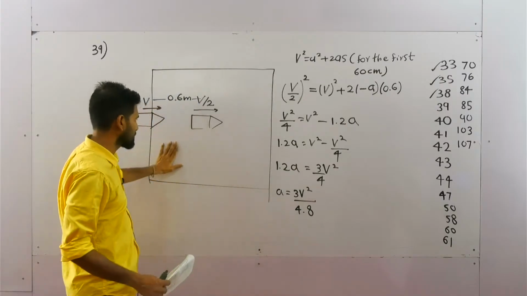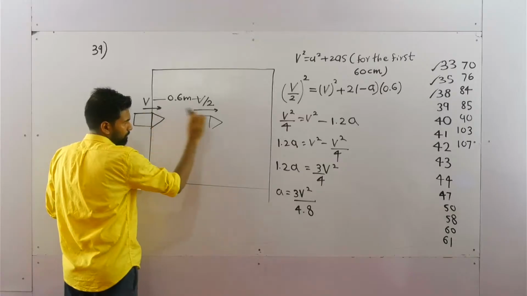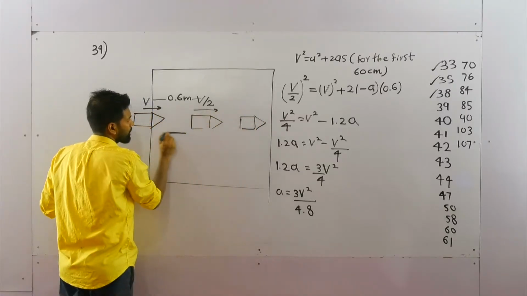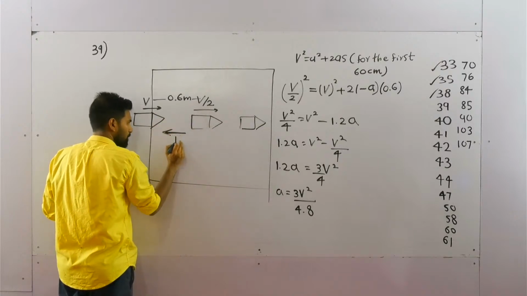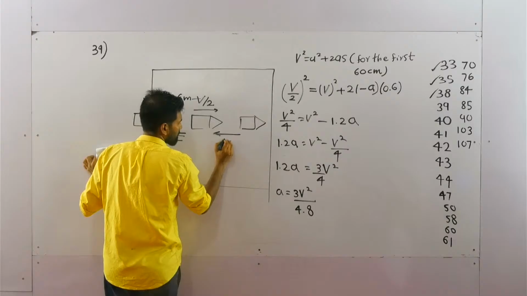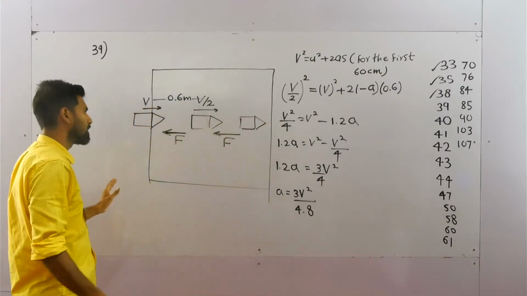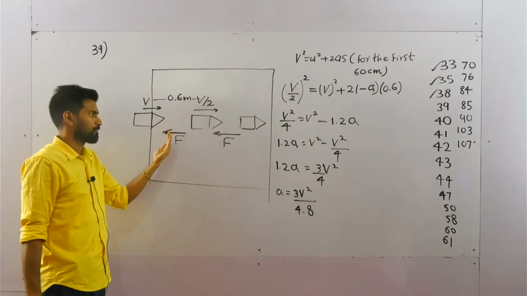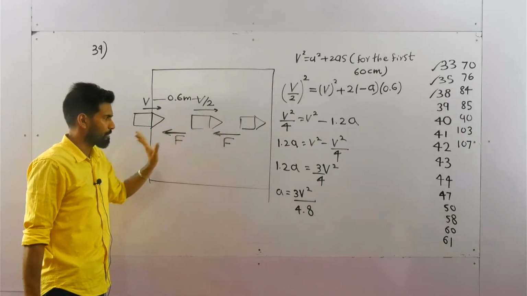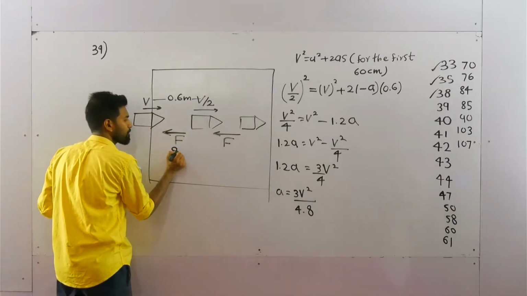Now as this is the same wooden block, when the bullet is moving forward, the frictional force acting on the bullet at this point will be the same frictional force acting when the bullet is penetrating more. Why? It's the same wooden block. So the frictional force acting on the bullet is the same everywhere, so this deceleration value is the same everywhere.